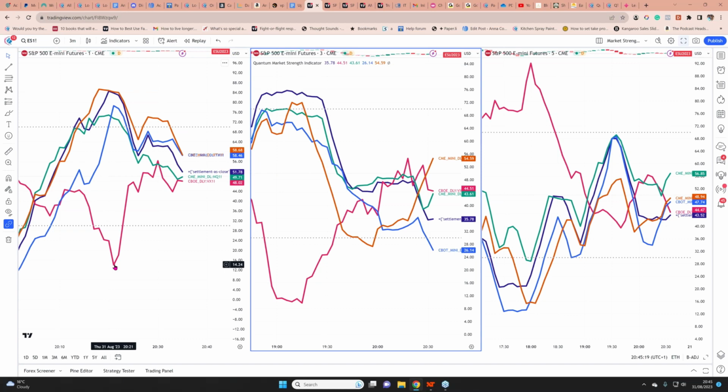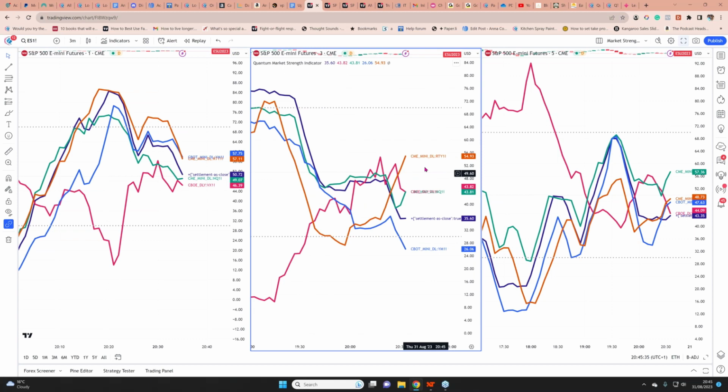What we're looking for here is sentiment, and whether the sentiment across the markets is universal. What's interesting, bear in mind, these are fast time frames. This is the 1 minute, this is the 3 minute, this is the 5 minute. Interesting to see at the moment, if I just pull that over a little bit, this is the Russell. And you can see the Russell is rising in this time frame for whatever reason, or was.